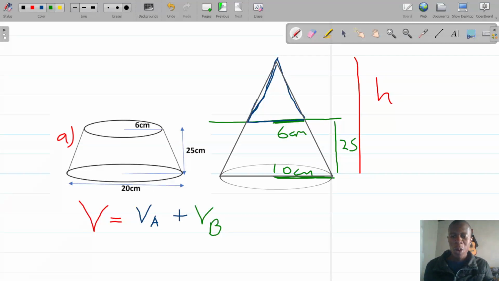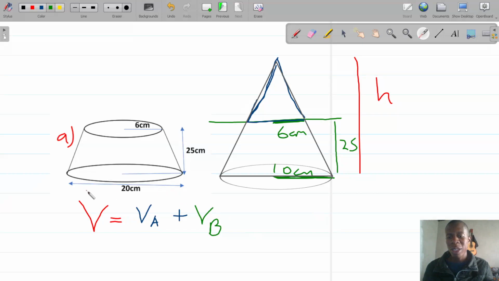All right, so what we know is that the volume of the entire cone is equal to the volume of the top part of the cone plus the volume of the bottom part. So this is the equation we are going to use.